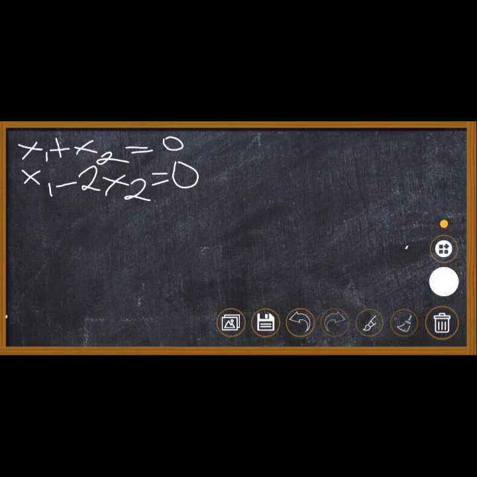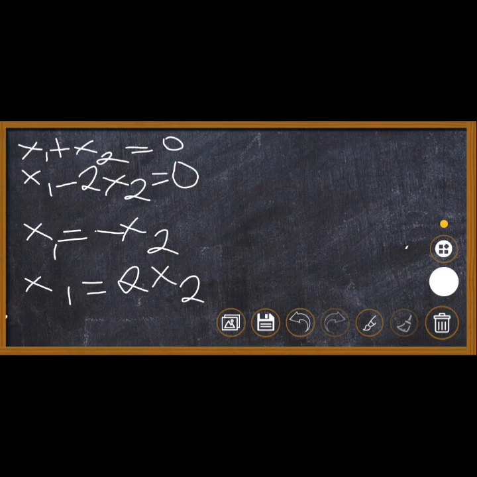On top here, we can say x1 equals negative x2 when x2 goes to the other side. And down here, we can have x1 equal to positive 2x2.